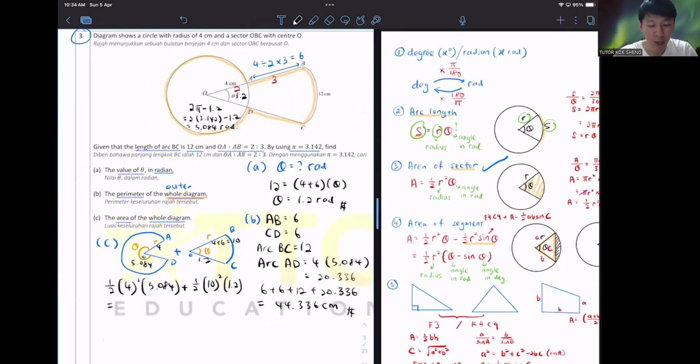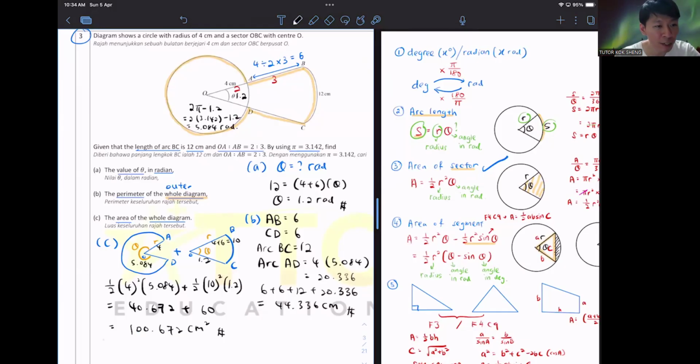1 over 2 times 4 squared times 5.084. Wow. The other one is 1 over 2 times 10 squared times 1.2. Oh, nice number, 60. So plus together. This one is what? cm squared, area. Done.